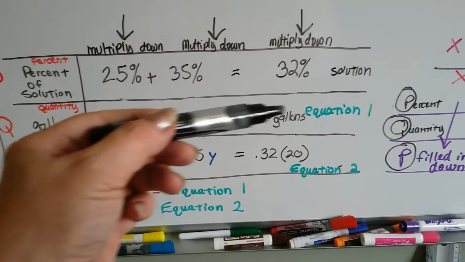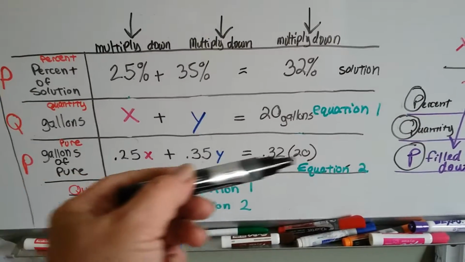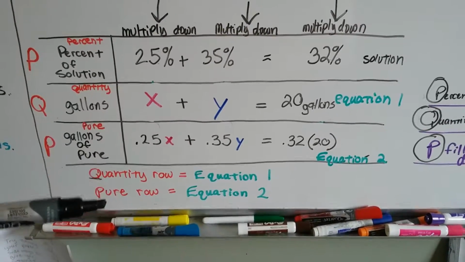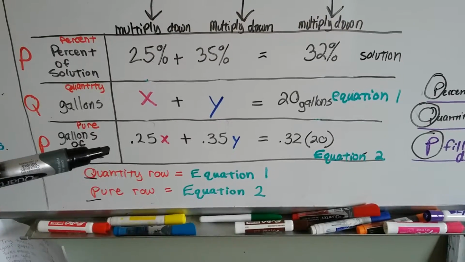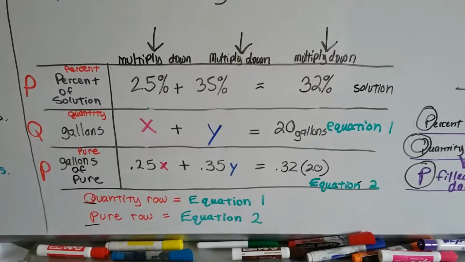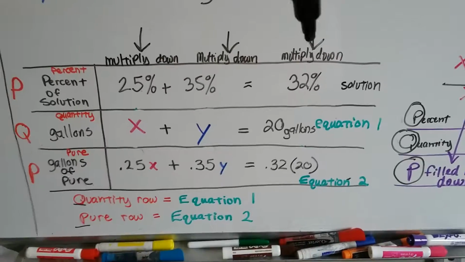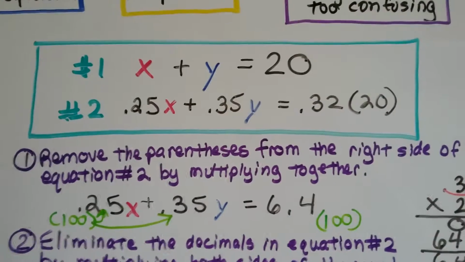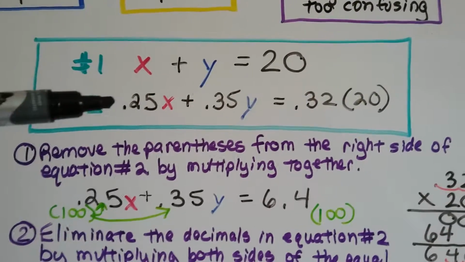And now this is our first equation, and that's our second equation going straight across. The quantity gives us our first equation, and the pure row down here gives us our second equation, and we got it by multiplying down, and multiplying down. See? So now we've got our 2 equations. Let's see what we can do with them. This is equation 1, and this is equation 2.